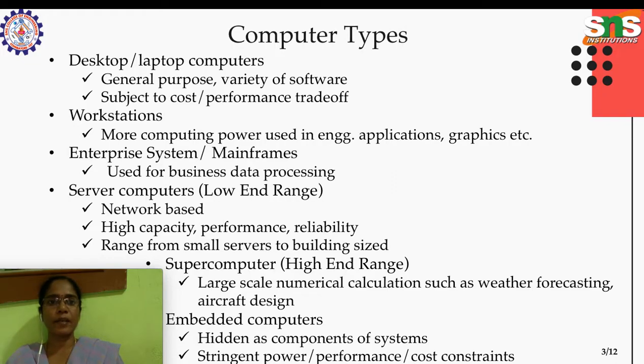Followed by enterprise systems or mainframes, mainly for organizational purposes, to carry out data processing and take decisions. To handle huge amounts of data, enterprise systems or mainframes are used.